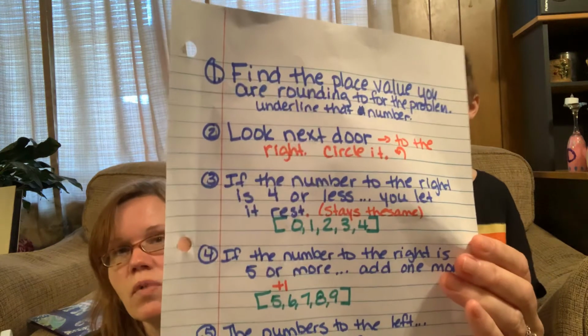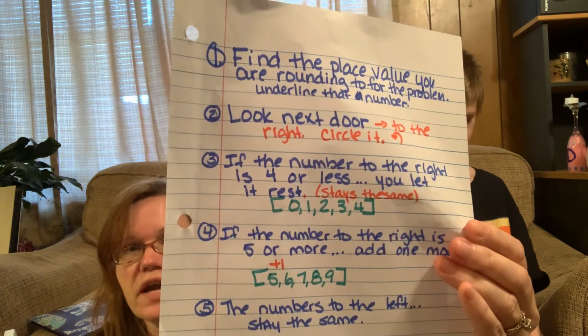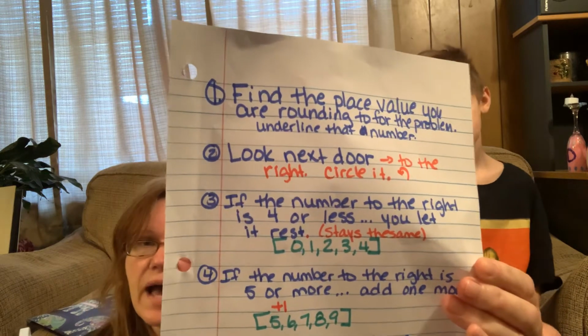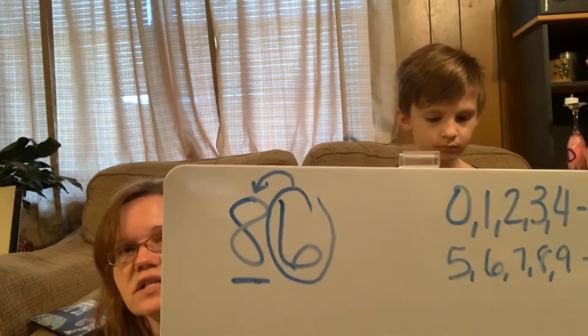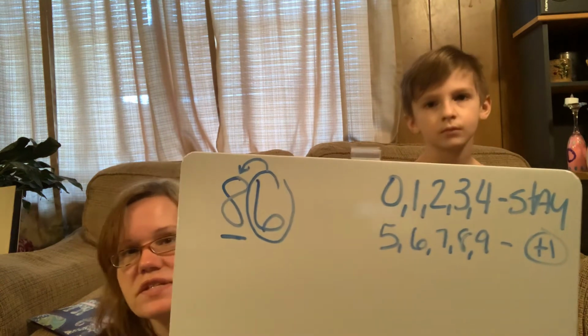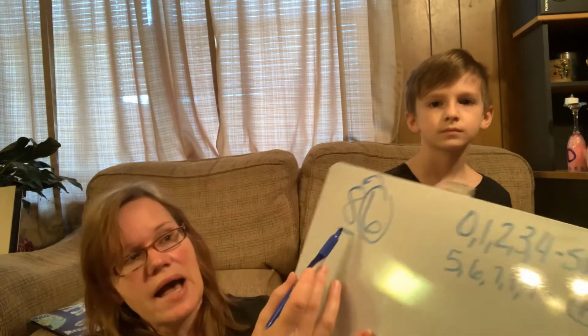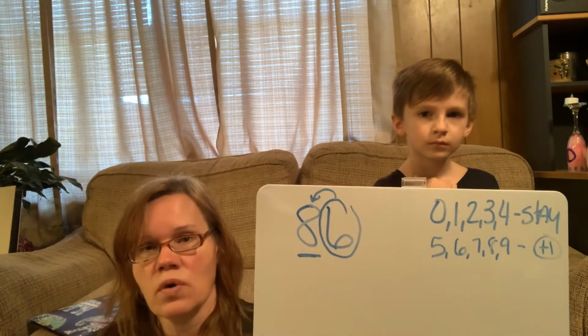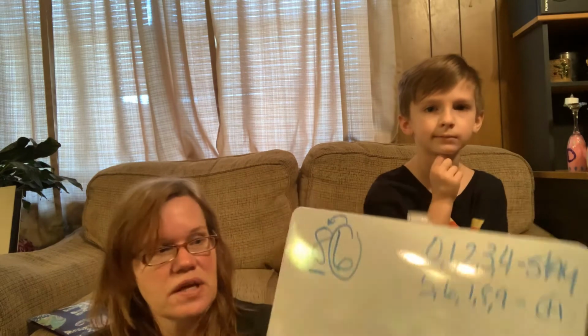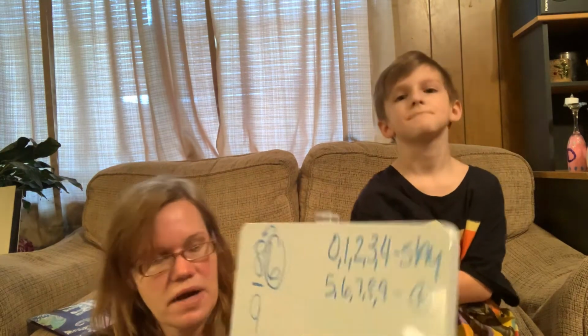All right, and our next step tells us that if the number to the right is 5 or more, meaning it's a 5, 6, 7, 8, or 9, then we have to add one more to the number that we underline. So is a 6 in the category of 5, 6, 7, 8, or 9? Yes. So then we have to add one more to the number we underline. So what is one more than 8? 9. All right.